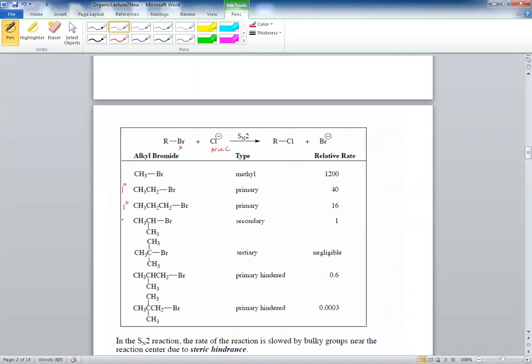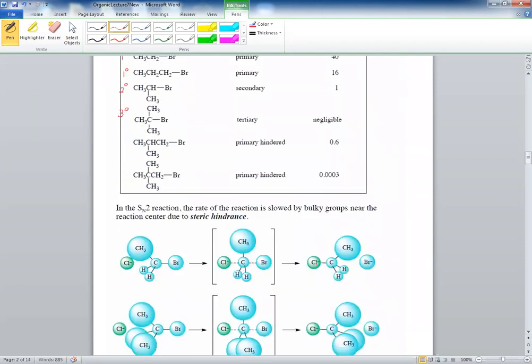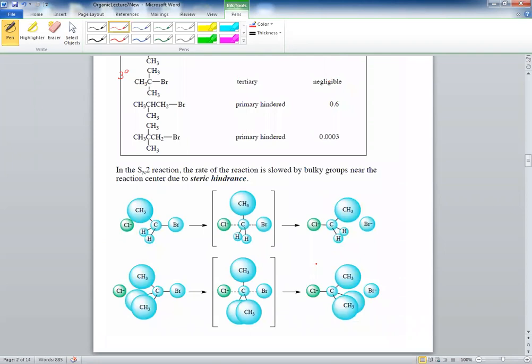You make it secondary, the rate drops to 1. Tertiary, it's negligible, almost doesn't take place as we denote. Look how hindered it is down here. So it's negligible. And we have to understand why. And the reasoning behind it is quite simple. If we have, of course, the right pictures here.